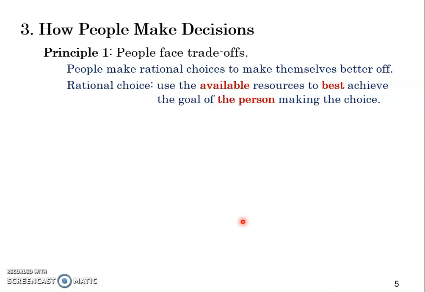Now I already highlighted 3 key phrases in this definition, but I would like to use a real-world example to explain what they mean. So let's check out a real-world trade-off.